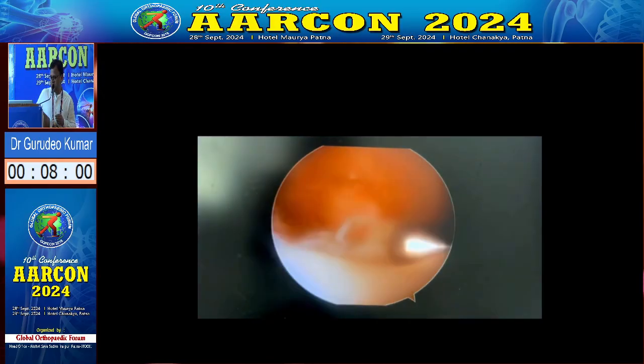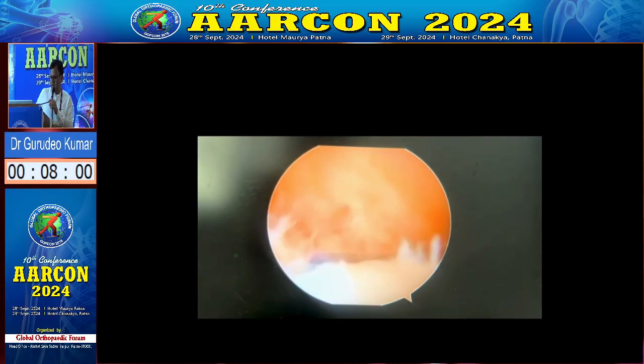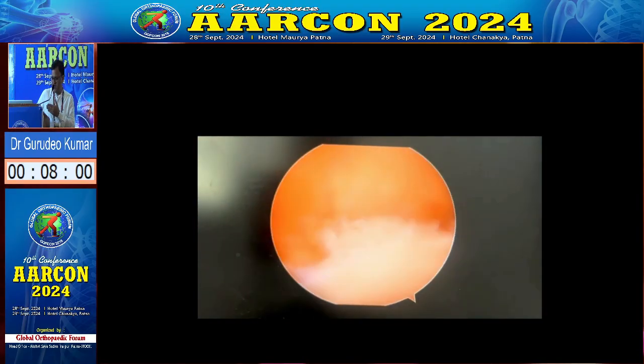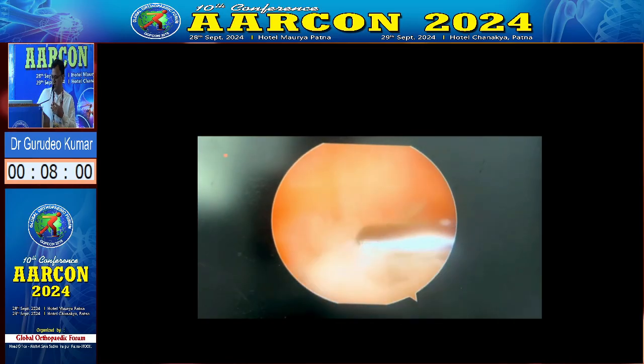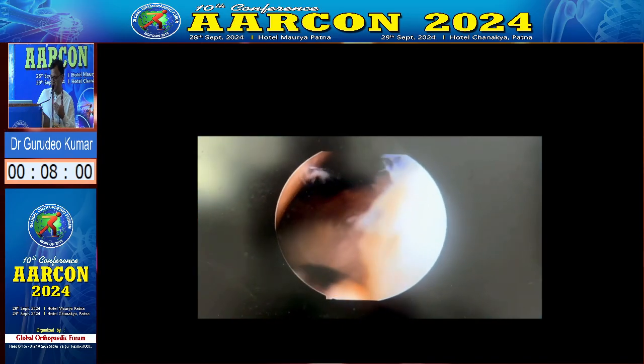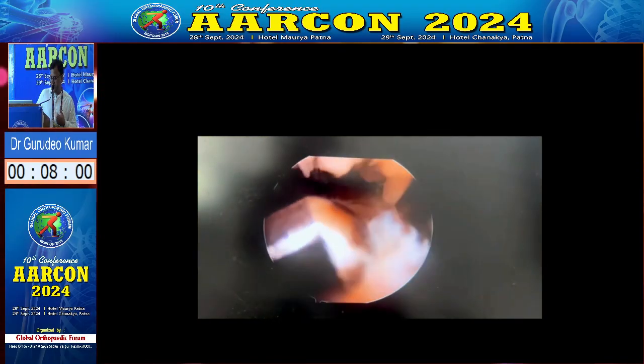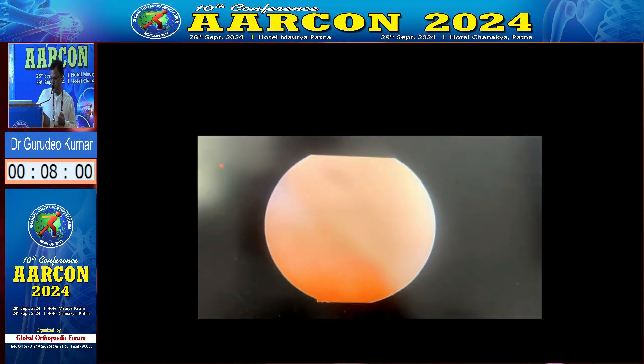And then come to the retropatellar area, the anterior-most part of the knee joint, where some amount of synovium is lying there. So remove as much as is visible during the arthroscopy.